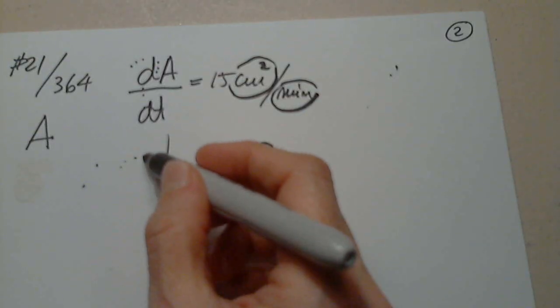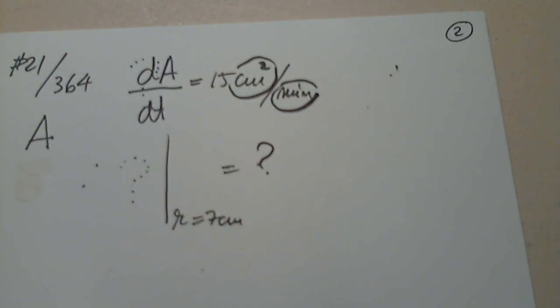What do you think we're asked to find? Let's read it again. Find the rate at which the radius is changing at the moment when the radius is such and such. What am I asked to find? The rate of change of radius.